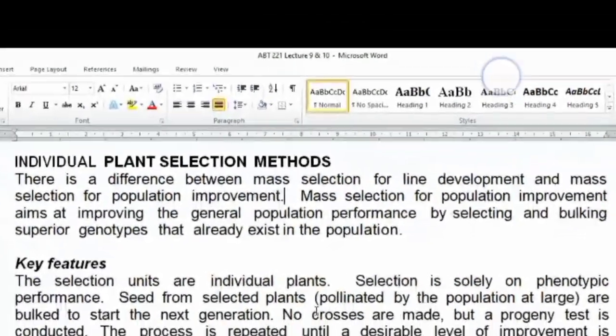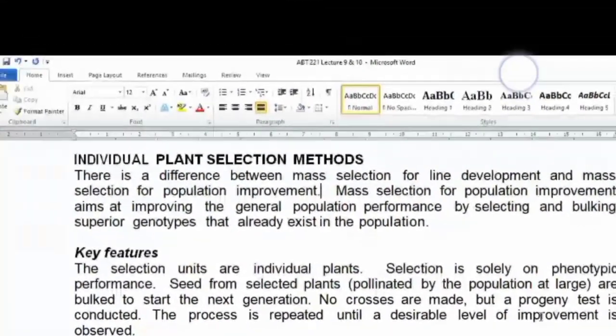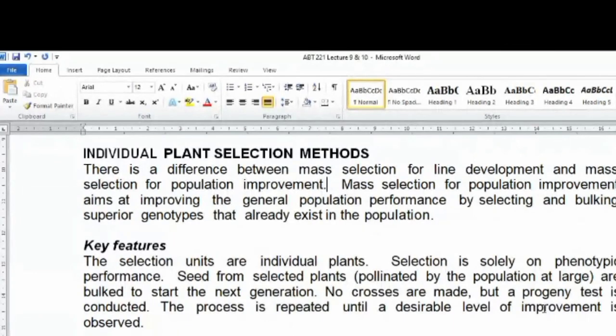So really, no crosses are made, but progeny test is conducted. And the process is repeated until there is a level of improvement that is desired. So that's the key feature of individual plant selection methods.